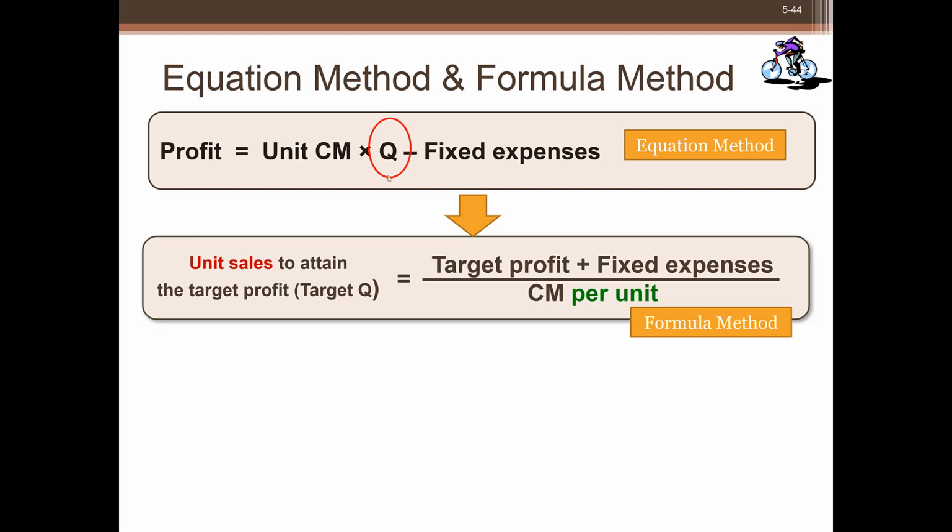We rearrange Q from right-hand side to left-hand side to get unit sales to achieve the target profit. Q equals target profit, here, profit same, plus fixed expenses divided by unit contribution margin. This is formula method.